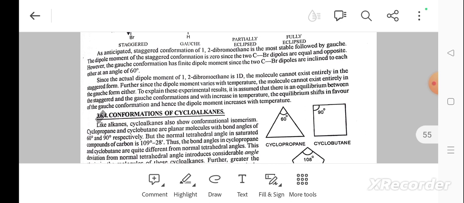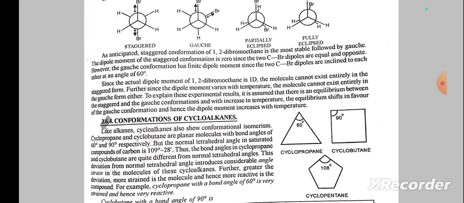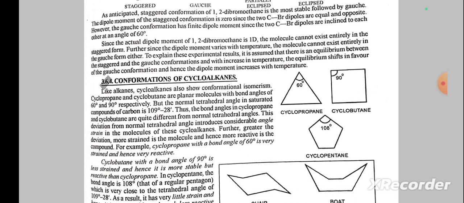However, the gauche conformation has a finite dipole moment, since the two carbon-bromine dipoles are inclined to each other at an angle of 60 degrees. Since the actual dipole moment of 1,2-dibromoethane is 1 D, the molecule cannot exist entirely in the anti form. Further, since the dipole moment varies with temperature, the molecule cannot exist entirely in the gauche form either.